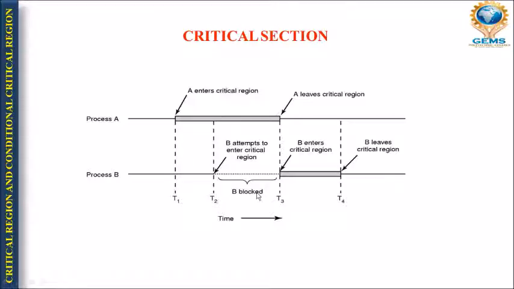A leaves the critical section at time T3. Until then process B will be blocked. Meanwhile, B attempts to enter the critical section at time T2, but it will not be given, because it is already associated with process A. After A leaves the critical section, the next process B will be allotted to it.